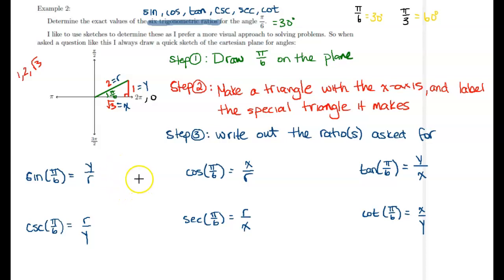So now I can go through and just fill in my numbers. So sine of pi over 6 is going to be y, which is 1, over my r, which is 2. Actually, here, let me put those colors in there so you can see where those numbers are coming from. My 1 over 2.